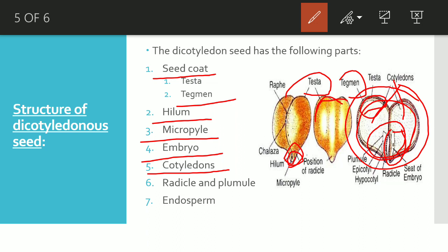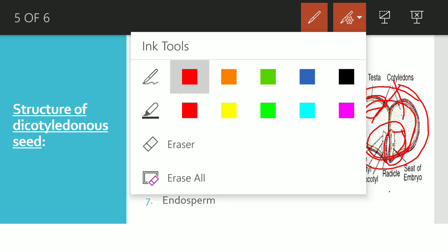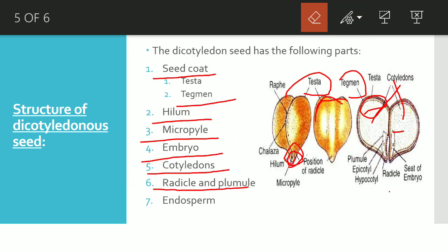Next is the radicle and plumule. The radicle is the lowermost part of the embryonal axis.